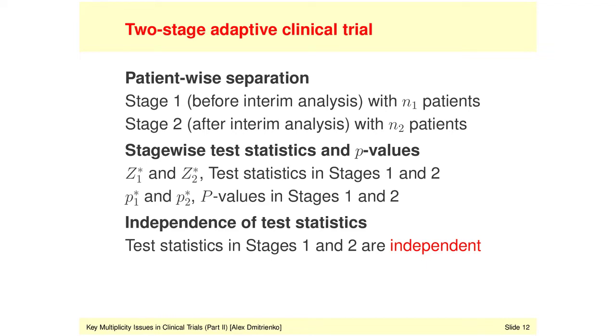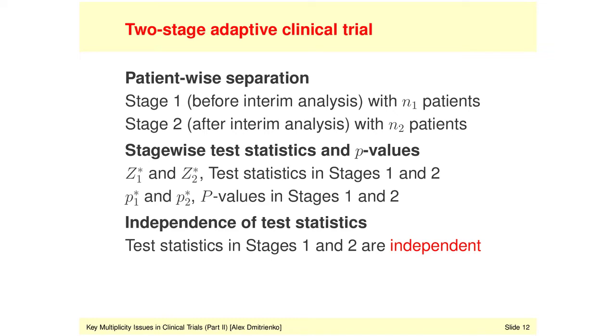In addition to this, we're going to introduce the stage-wise test statistics and p-values. We're going to use asterisks to be able to differentiate between the test statistics and p-values that are used in a group sequential testing and in a multi-stage testing. As you can see on the slide, Z1 asterisk and Z2 asterisk will denote the test statistics computed from stages 1 and 2, and P1 asterisk and P2 asterisk will denote the corresponding p-values.